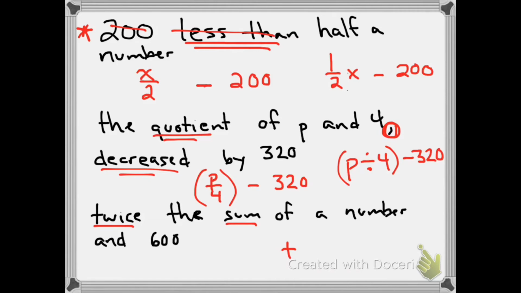So we have to actually find the answer of a number plus 600 and then multiply it by 2. So I have the 2 in the back, the 2 could be in the front, but all that matters is that this 2 should come last. We should be multiplying last. So that one's a little bit tricky, so you got to watch out for those types of problems.